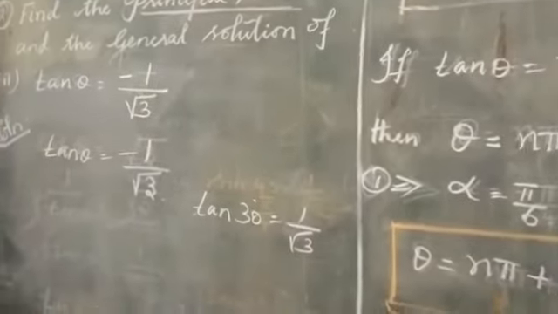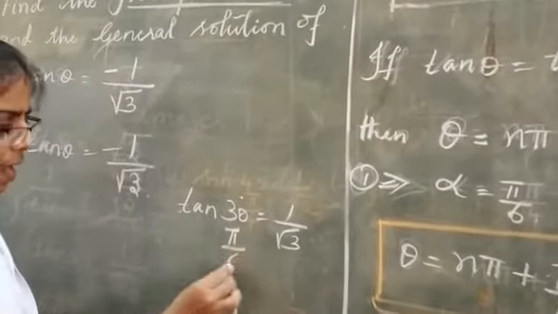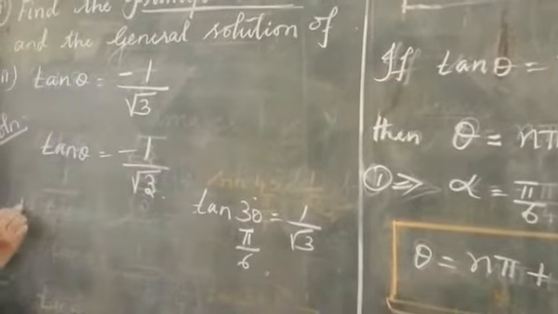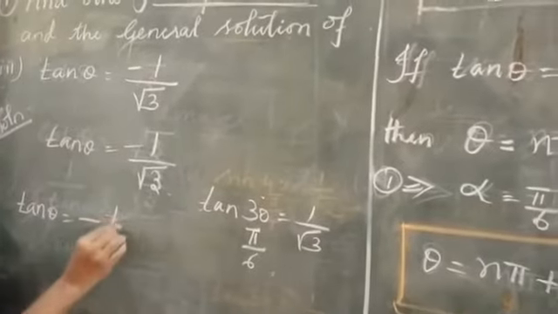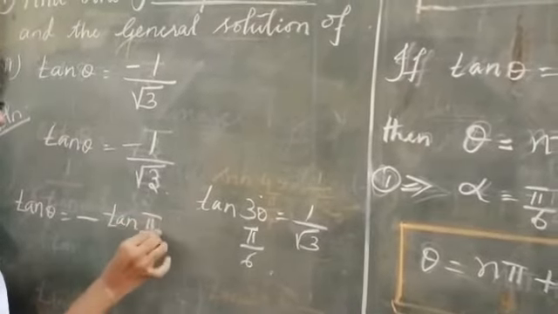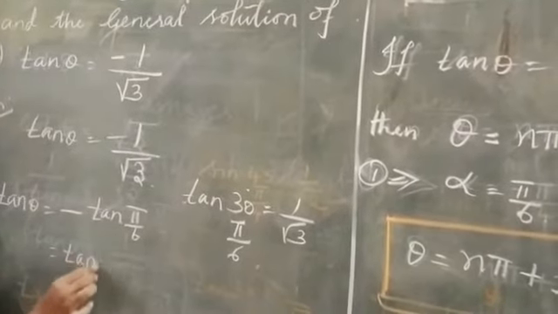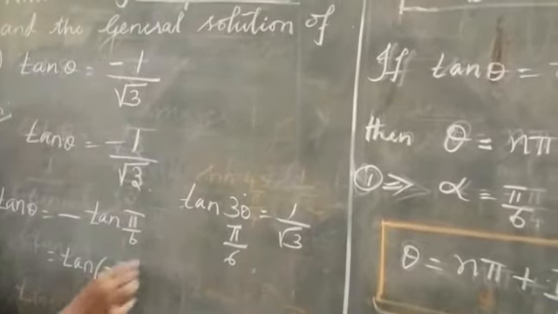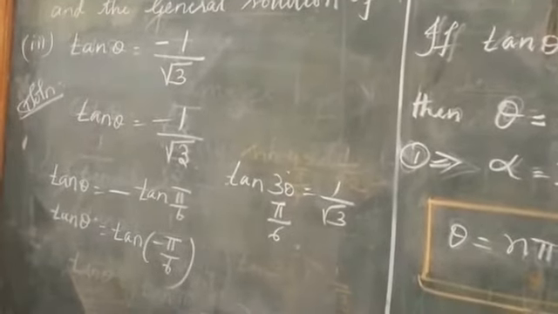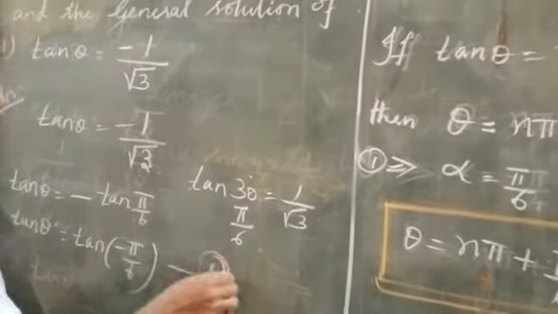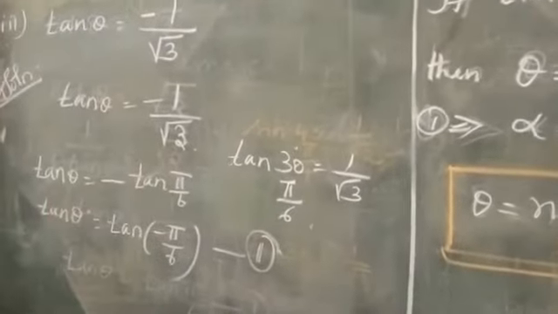This you know very well. And 30 degree can be written in terms of radians as pi by 6. So we can write this as tan theta is equal to minus tan pi by 6. And minus tan pi by 6 can be written as tan of minus pi by 6. In the left hand side we have tan theta. So name this as equation 1.